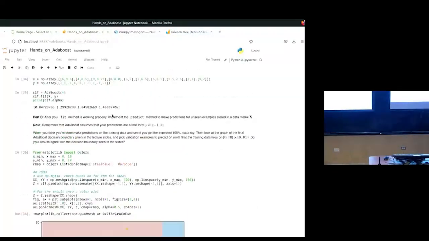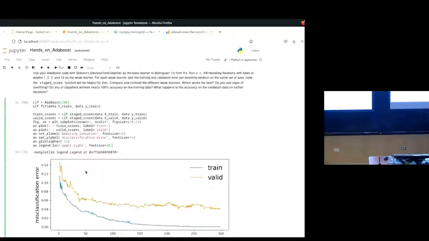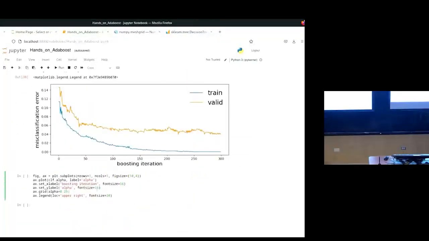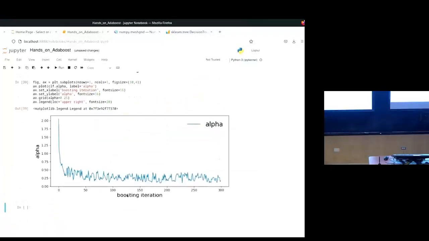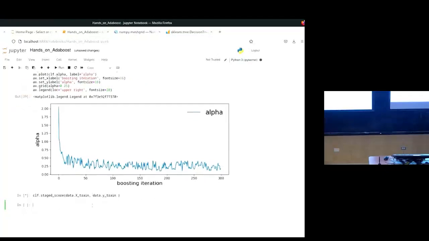If you want to make sure, let's do staged score on this one and plot it. These are the alphas associated with each learner. Okay, but let's do clf.staged_score between data, X valid. Let's do train, because train is what you train on, so we should have more consistency.